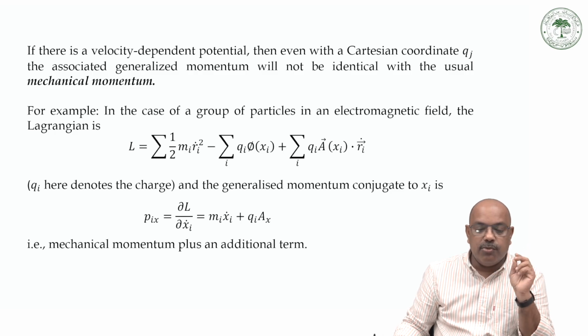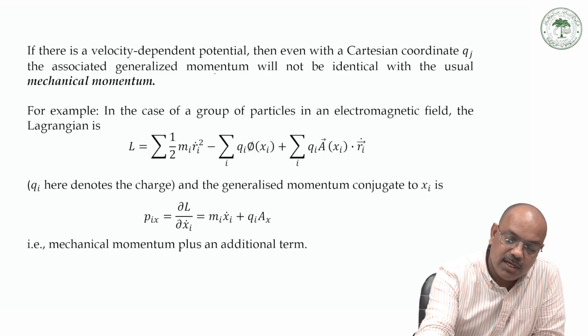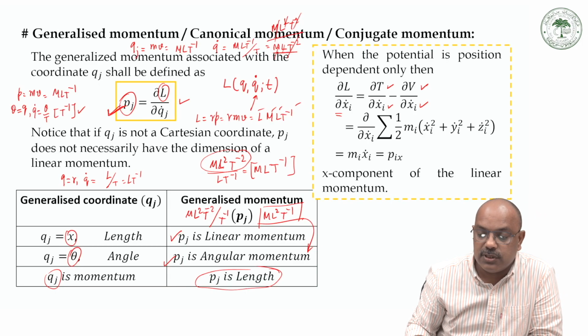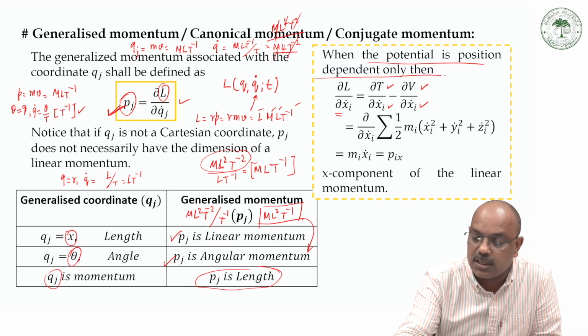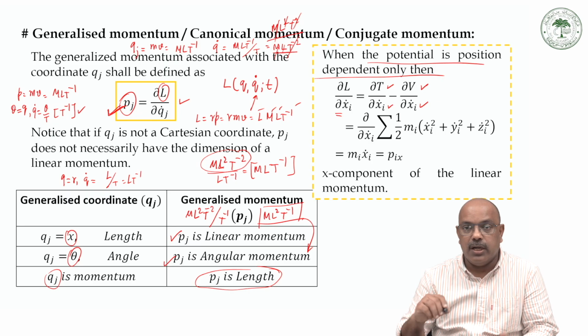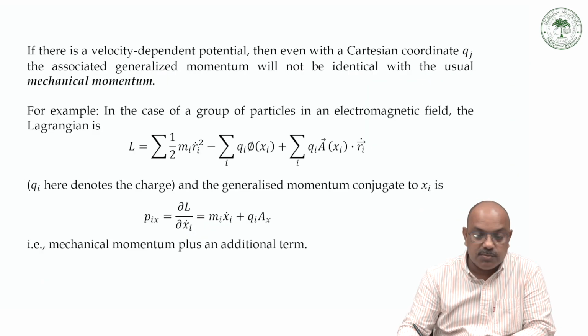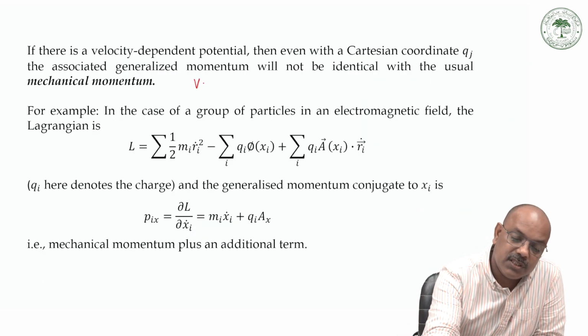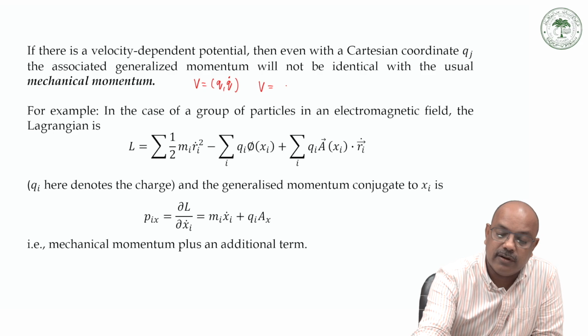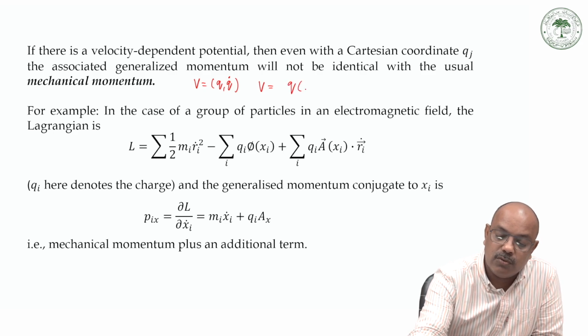But see the example of the electromagnetic field where your potential was velocity dependent. The catch was that the potential normally depends only on the position coordinate, not the velocity. But if your potential depends upon q and q dot, that is on generalized velocity, as in the case of the electromagnetic potential, it is going to be qφ minus q A·v.